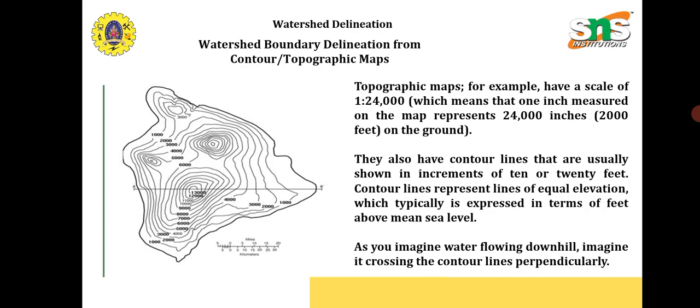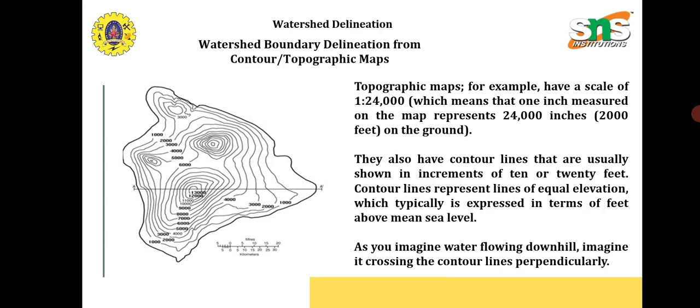They also have contour lines, which are represented by increments of 10 or 20 feet. Contour lines represent lines of equal elevation, which is expressed in terms of feet above mean sea level.